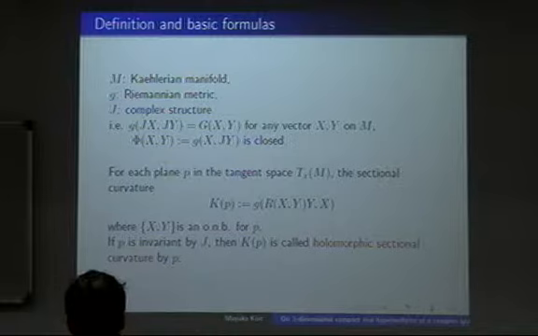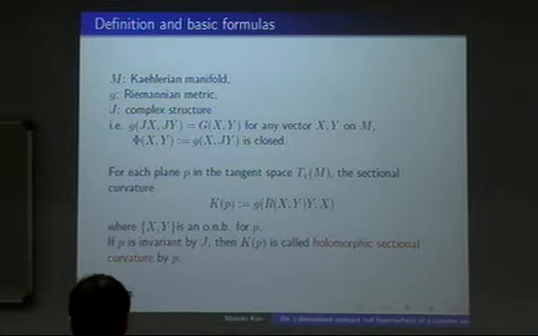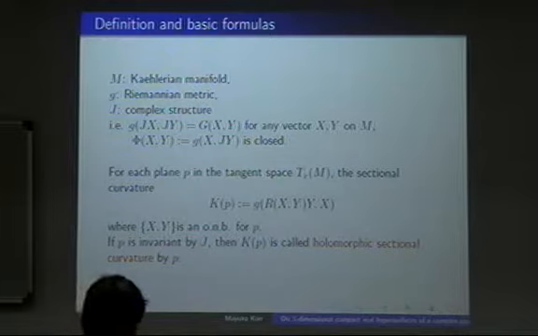For each plane P in the tangent space, the sectional curvature K_P is defined by this equation, where x and y are an orthonormal basis for the plane. And if P is invariant by J, then K_P is called the holomorphic sectional curvature of P.